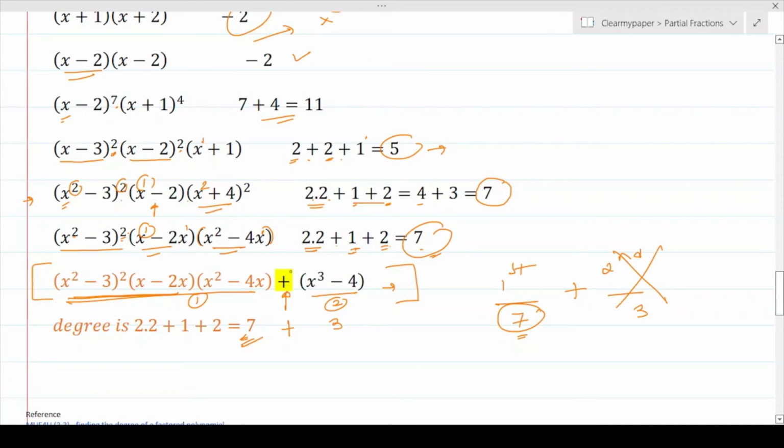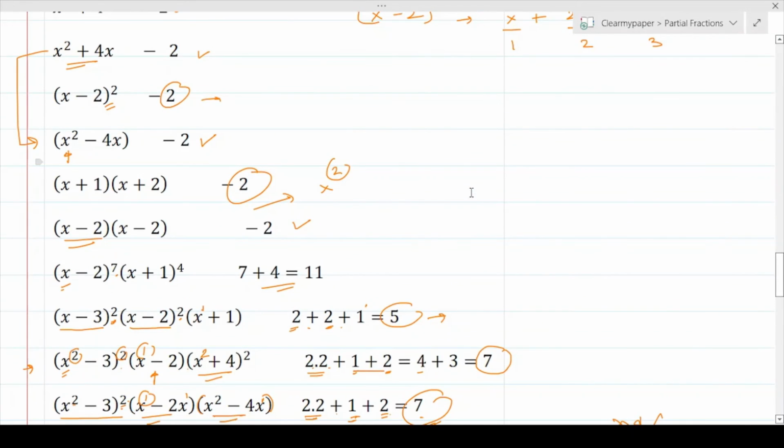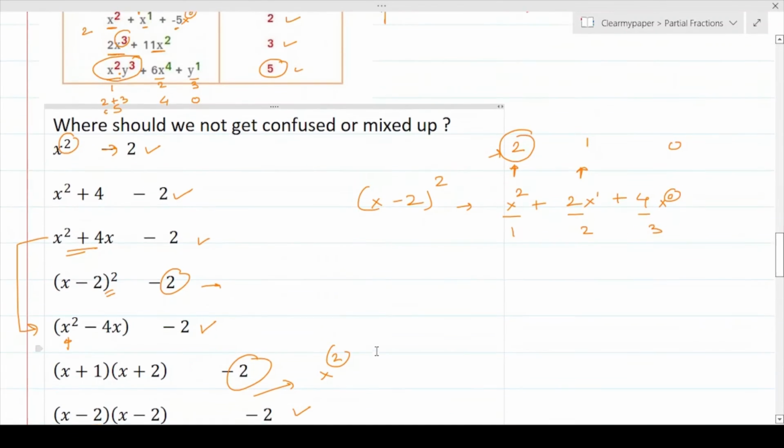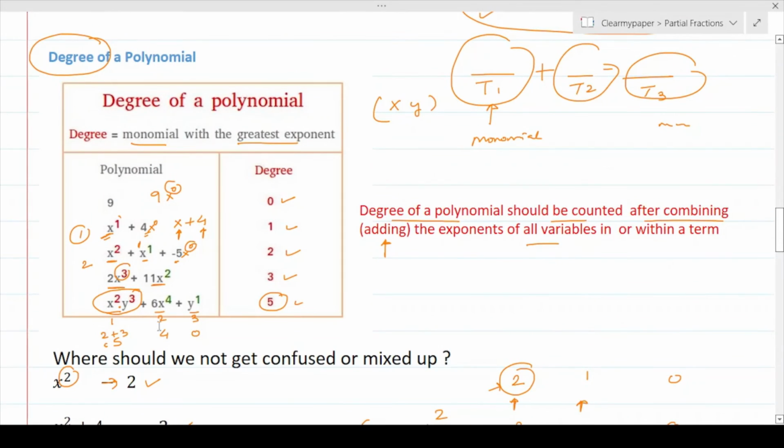So those are the examples of where you can get confused and how you should think about it. I don't think there are going to be any complicated examples coming in this fashion, but now you know how to compute your degree and when you should add the exponents and when you should just take the highest exponent, and primarily how you should think about the terms. What exactly is the term, whichever comes between the plus or the minus operator, that's the term.